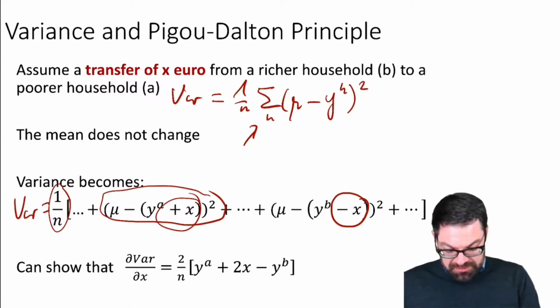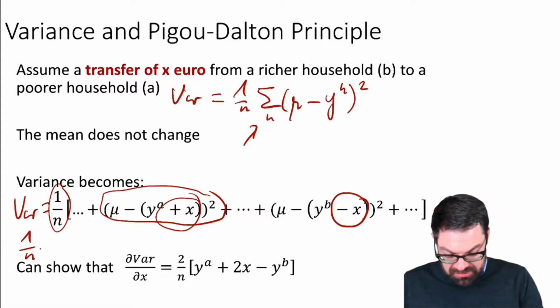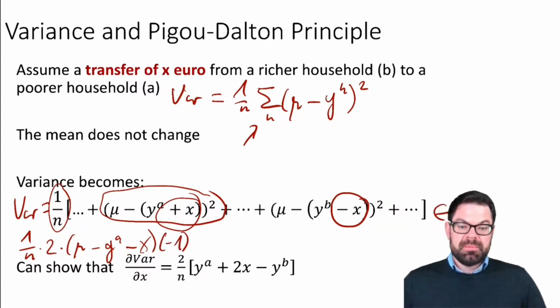So the first derivative of all that is 1 over n times, and we have a square here that we need to care about, times 2 times whatever is in the parentheses here, the mean minus ya minus x, and because we have minus x here, we have to apply the chain rule and multiply this by -1.